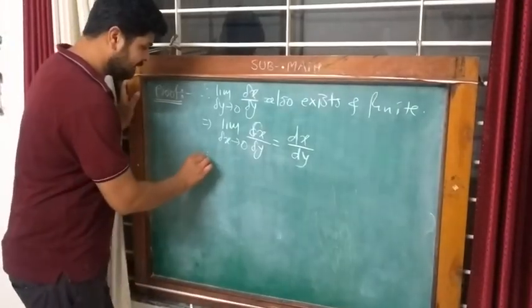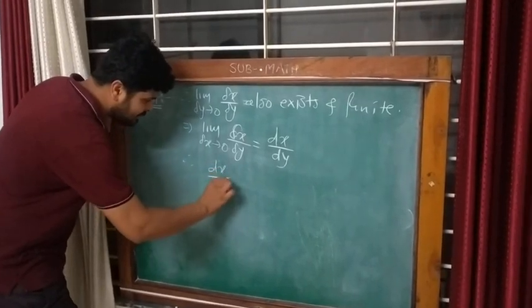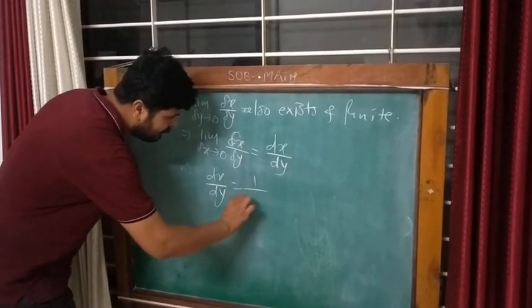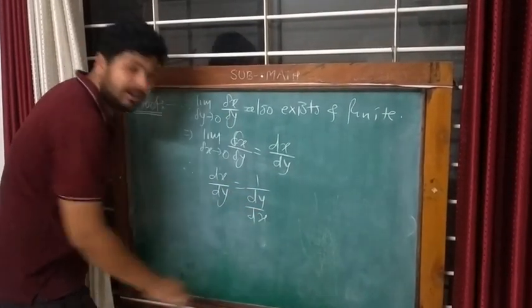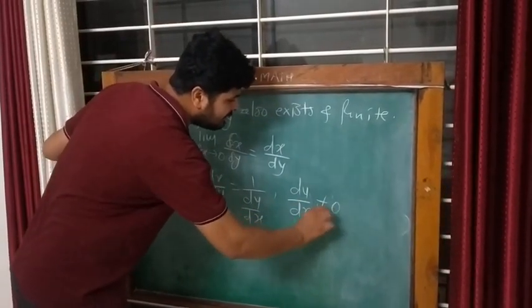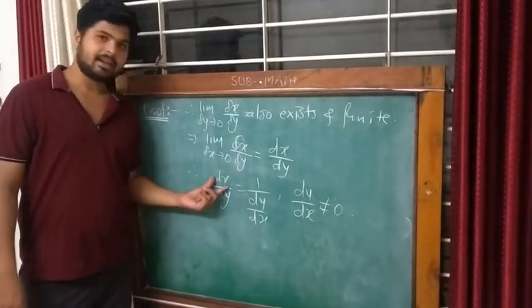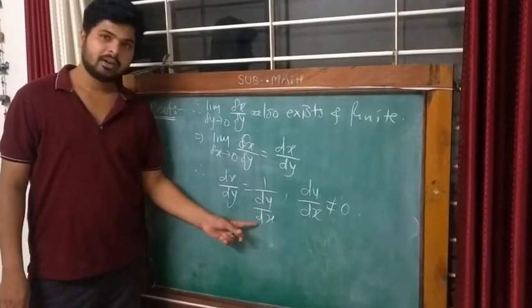Right. Therefore our equation number 3 becomes dx by dy is equal to 1 upon dy by dx, and the sufficient condition is dy by dx is non-zero. So this is the proof of the theorem. Dx by dy is equal to 1 upon dy by dx.